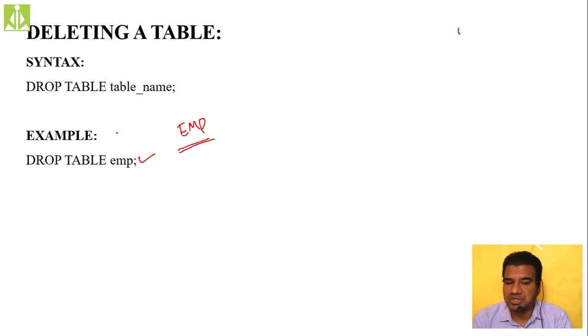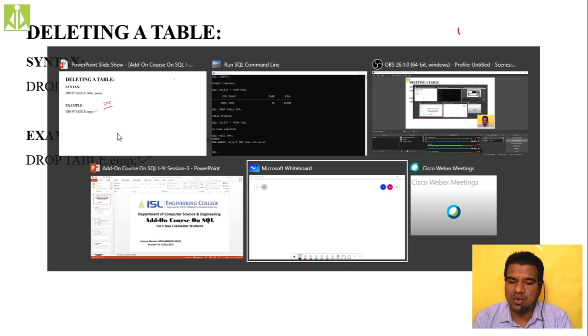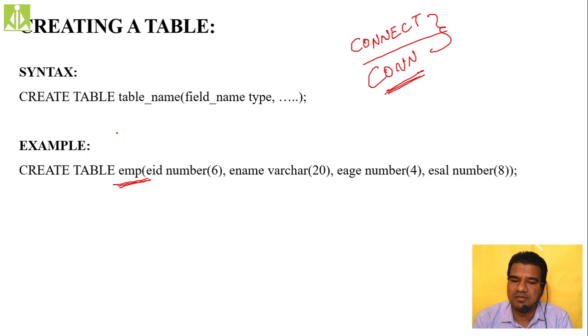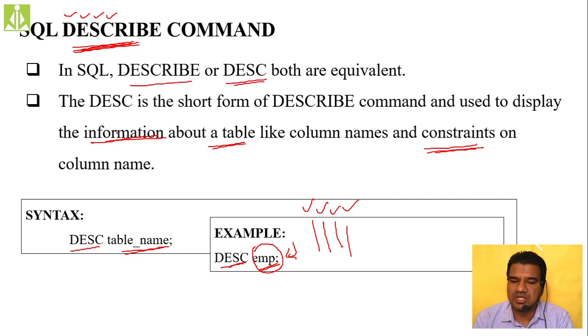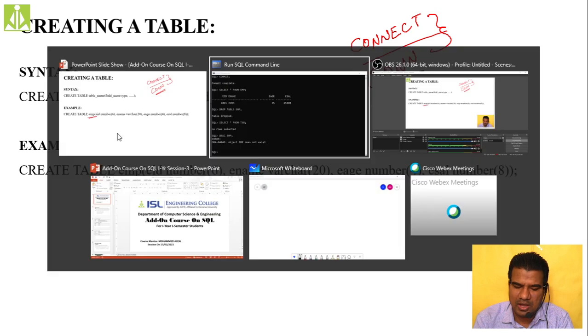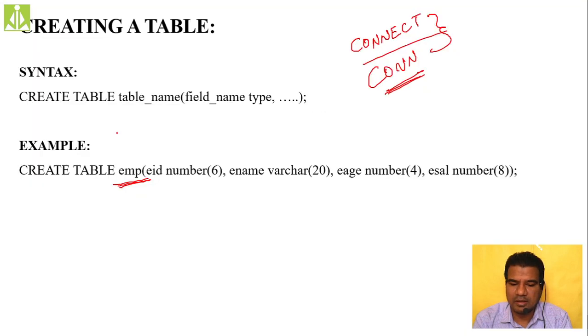Hopefully you understood. The next thing we have to discuss: we'll quickly create the table once again, do the data entry once again, and describe the table once again for you. All these commands, create table and SQL describe, again I will show you. So I'm going to the SQL command prompt and I create table employee.